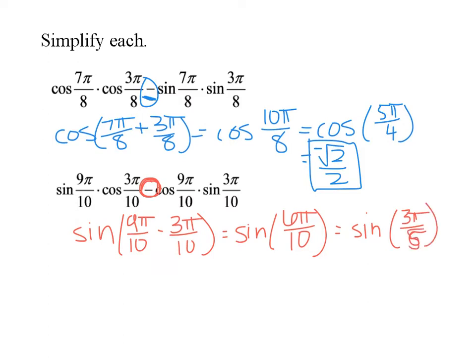It's supposed to be a 6 and a 3, not a 4. Let me erase that. There we go. Sine of 3 pi over 5. 3 pi over 5 is not on our unit circle, so this is our exact final answer.